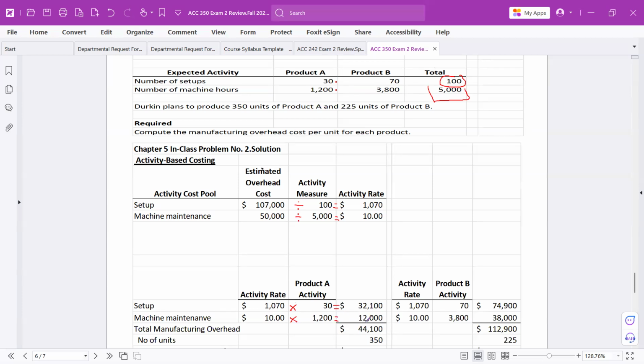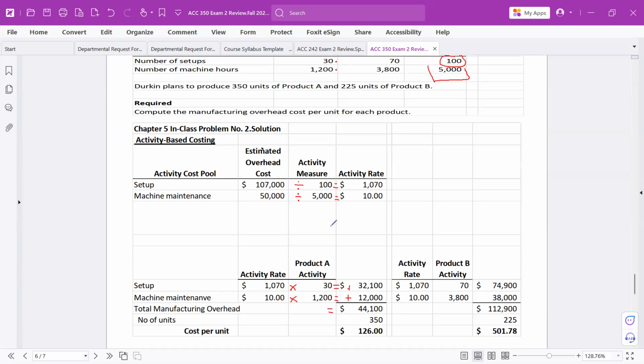So the total manufacturing overhead is 44,1. Add all the assigned overhead, and we end up with the total overhead we've assigned. And if we want a unit cost, divide by the number of units, 350 units, and we have a cost per unit.